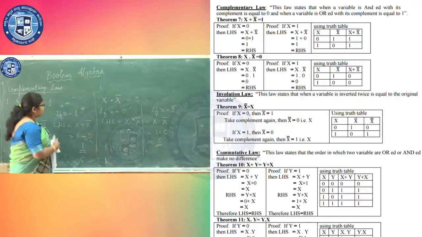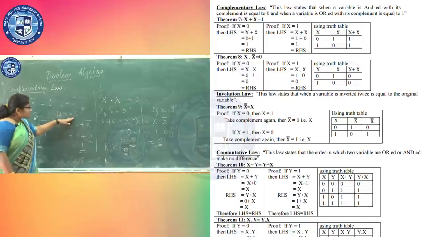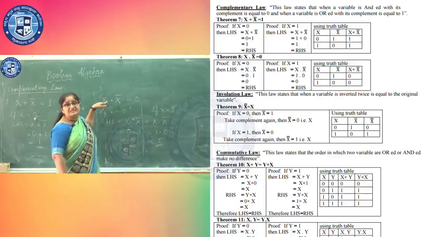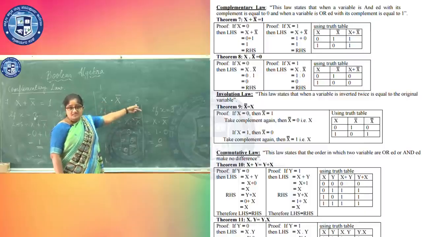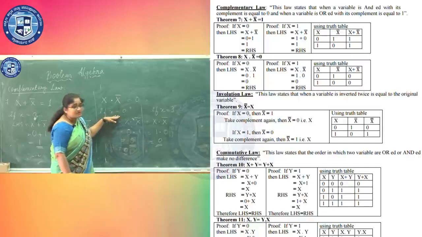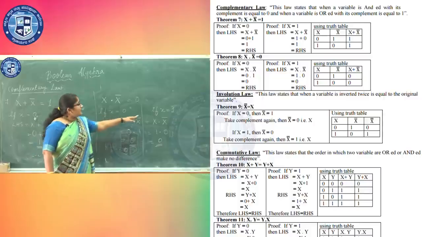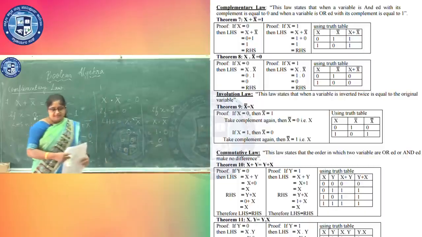So we have proved that when the variable is ORed with its complement, the result is 1, and that is proved with x equal to 0, and also with x equal to 1. And again, when a variable is ANDed with its complement, it gives the answer 0, and that also we have proved by substituting the value of x to be 0 and the value of x to be 1. So this was the complementary law.